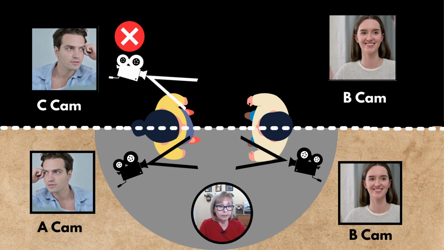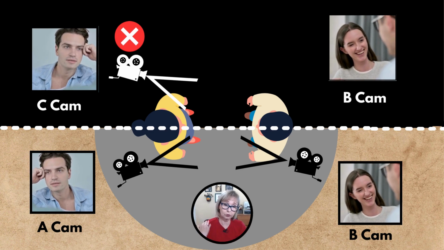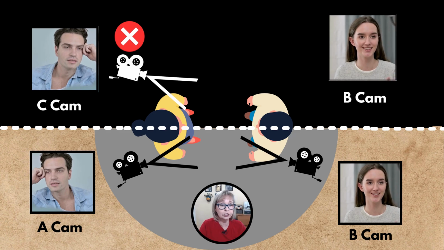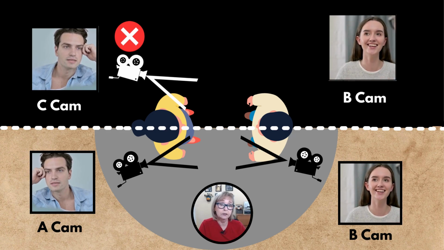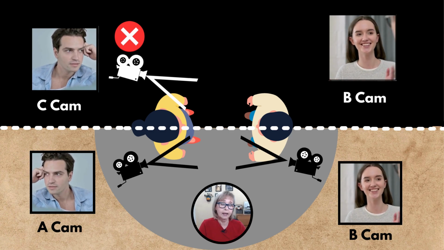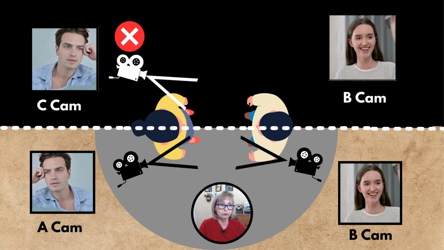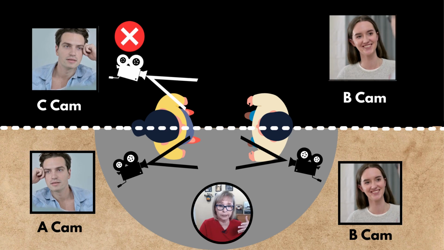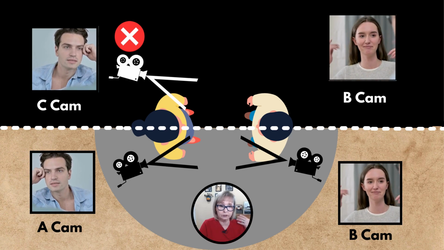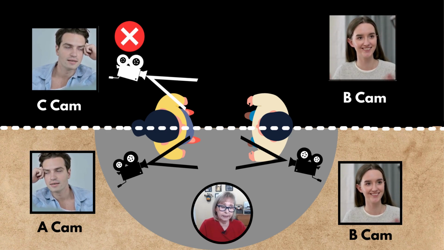And then B camera is over his left shoulder looking at her, and she's looking camera right to him, okay? So if you can't visualize that, pretend that you're the camera and you're standing over somebody's shoulder and you're looking at the person.